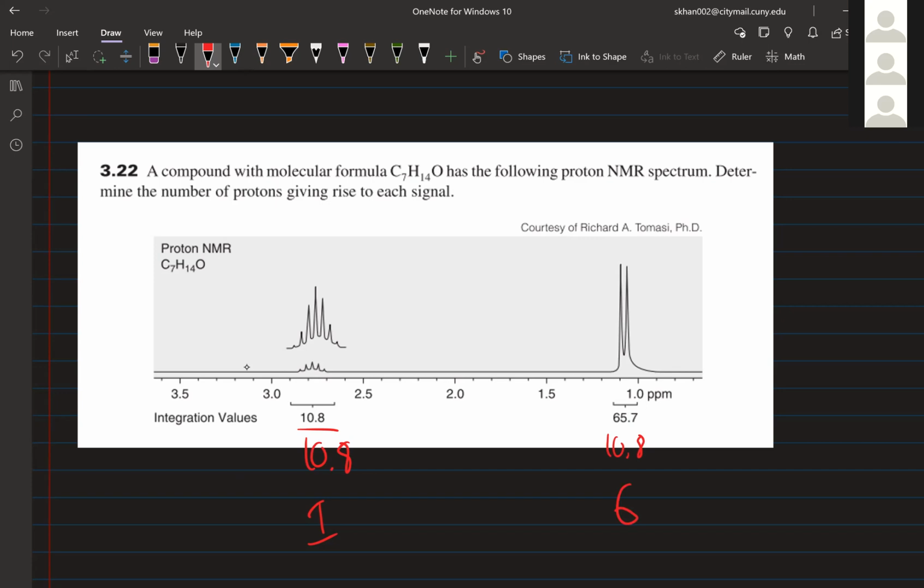Does that match our formula? Oh, so it doesn't, so multiply by 2? Yeah, right. So in this case, we'd probably have some molecule that had symmetry, I would assume, right? Actually, you could tell it will have symmetry.